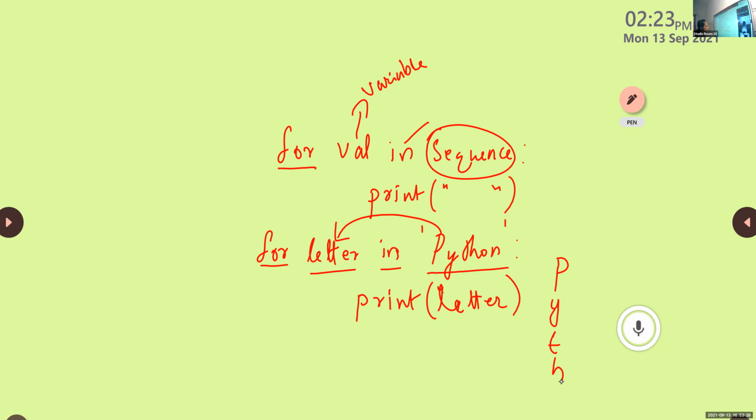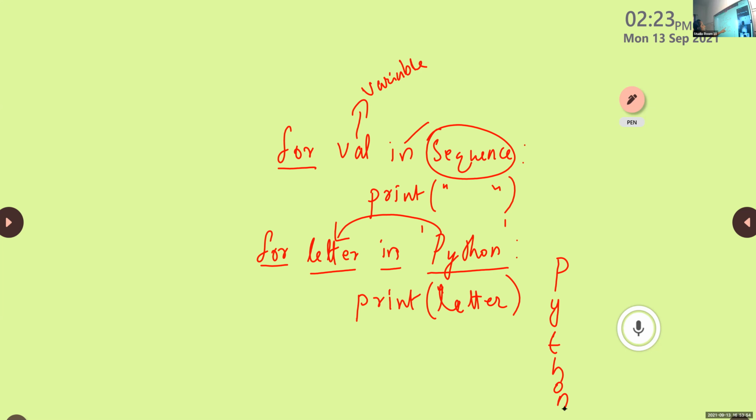Then next character O, next character N. This is the working of for loop. Working of for loop is starting from the for keyword, and letter is the variable name given for storing the characters from the string Python, and in is another keyword, and Python is the sequence, that is the string used in this for loop.